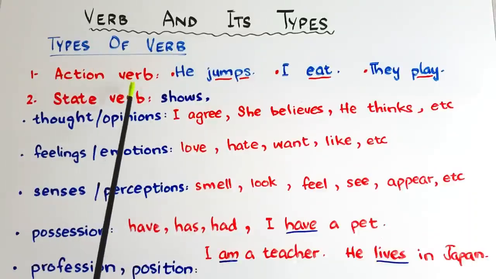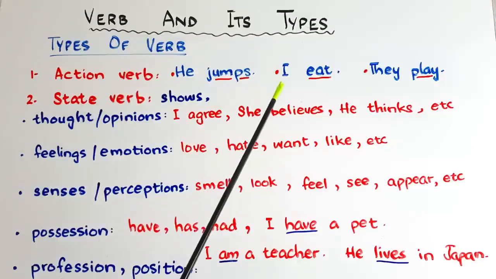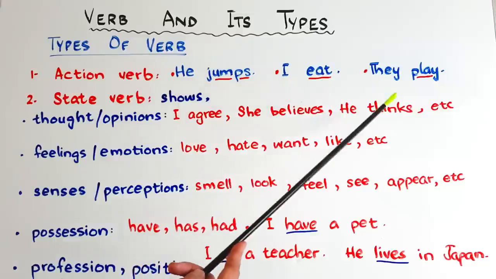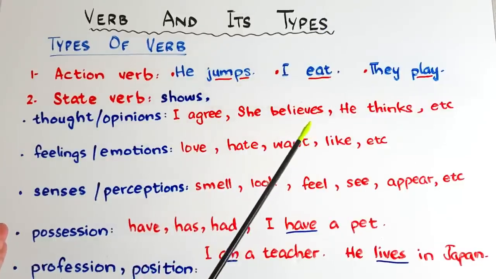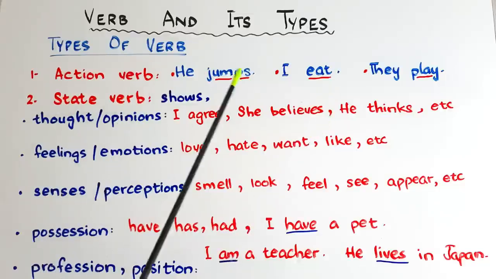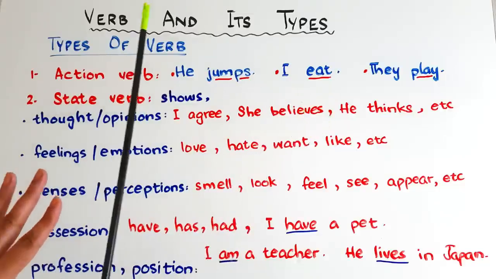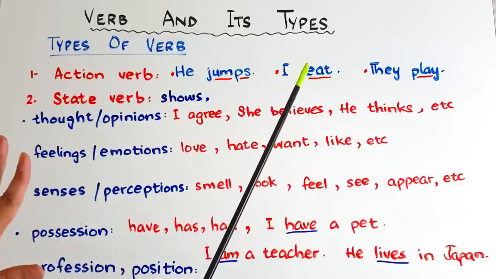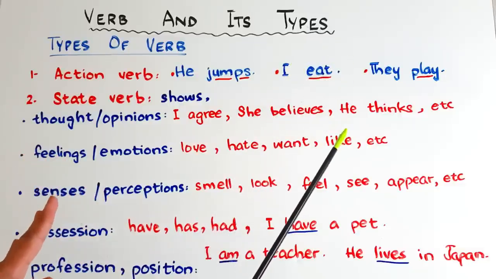The first is action verb, the words that show actions. Like he jumps, I eat, they play. Jumps, eat, and play are action verbs, right? The second type is state verb. As the name shows, state verbs do not show any action. They are still. They are stative. But when do we use them?